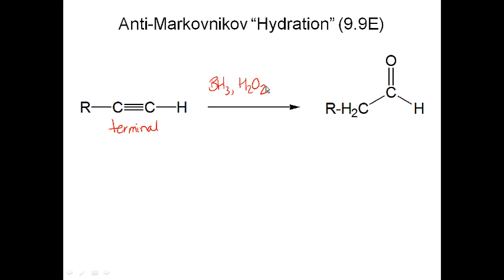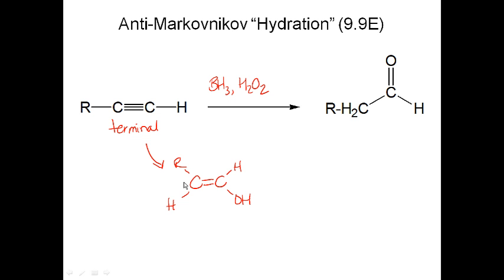I'll modify this a little bit and show you this has issues, but this is an acceptable molecule because what it would do is it would add the H and the OH, anti-Markovnikov, and cis, although with a terminal alkyne it doesn't matter.